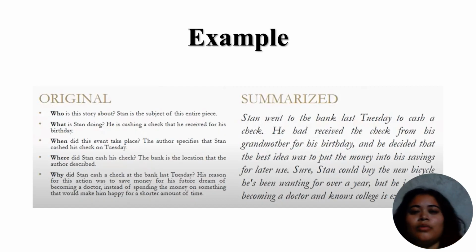For example, you have a text or a paragraph with some information. You can identify first what the W's are: who, what, when, where, and why.